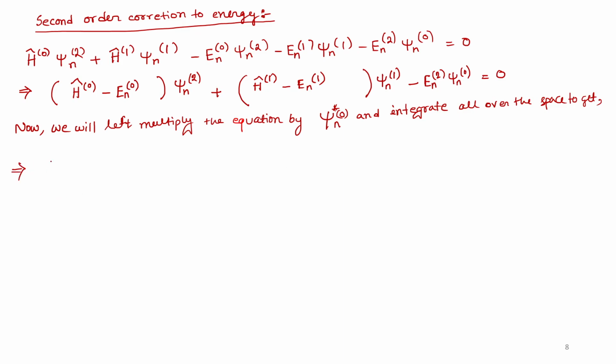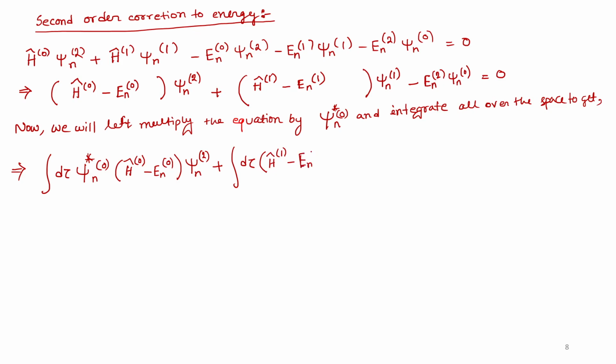what will we get? We will get integral d tau psi n 0th star en naught, we have psi 2, plus d tau minus en 1 psi n 1, minus d tau.